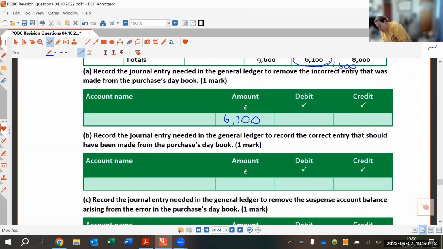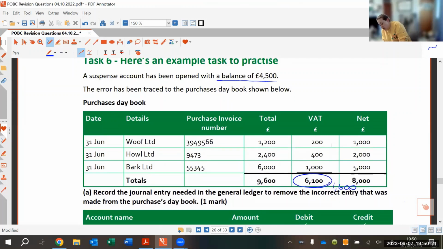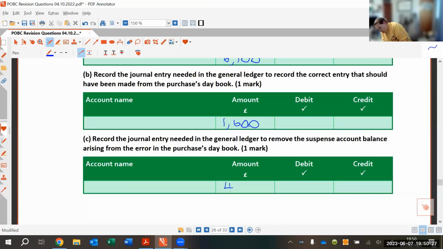And we know we're going to post it correctly as 1,600. We also know that the suspense has a balance of 4,500, which we're going to put into journal C. So you've got your three amounts straight away.